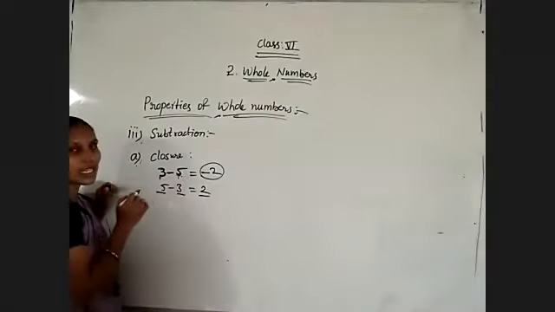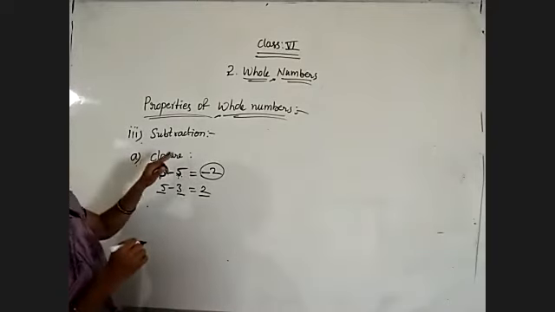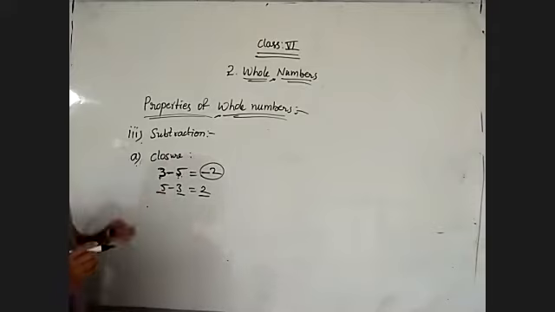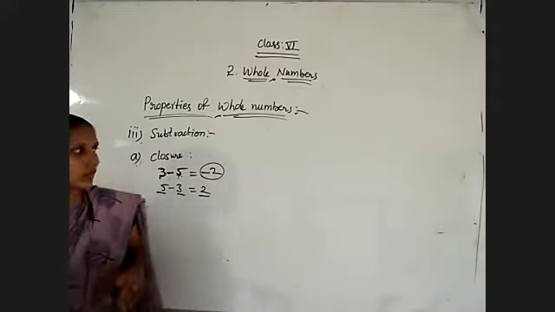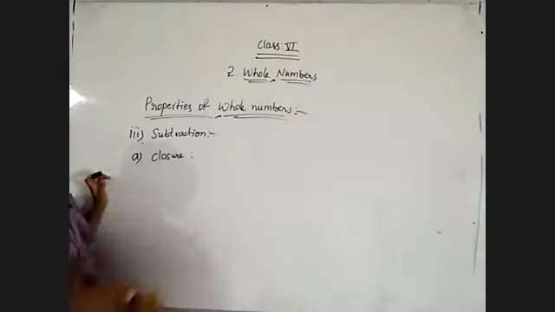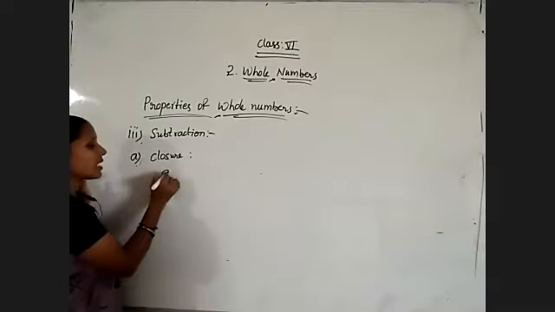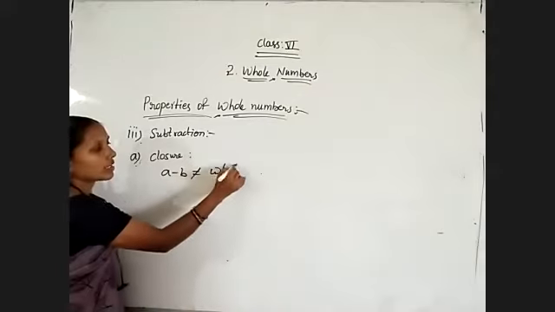No, it is an integer. So closure property over subtraction is not possible for whole numbers. Okay, subtraction is not closed for whole numbers. That means A minus B is not always a whole number.